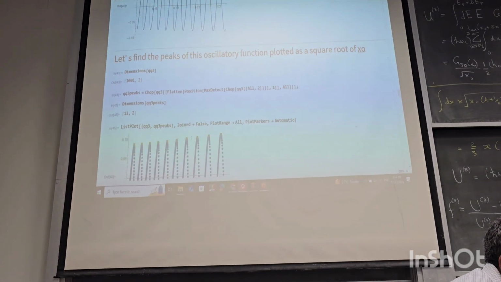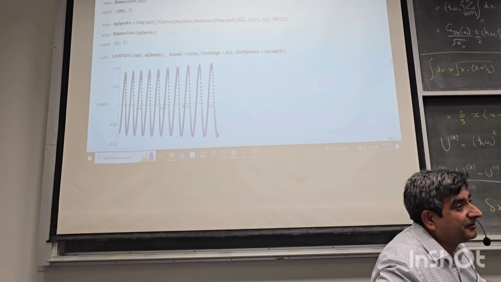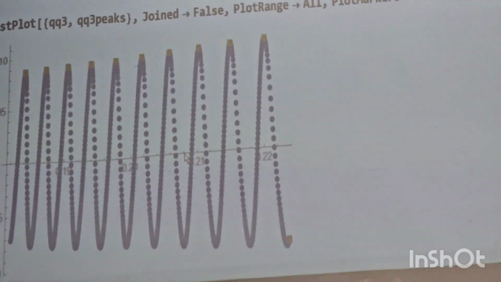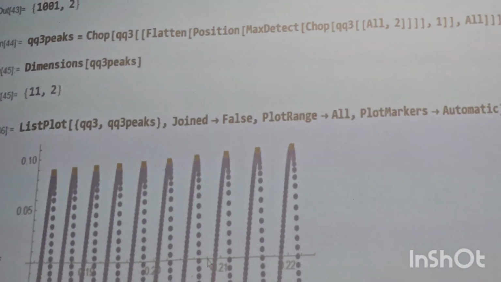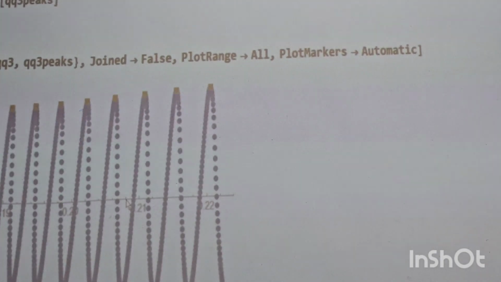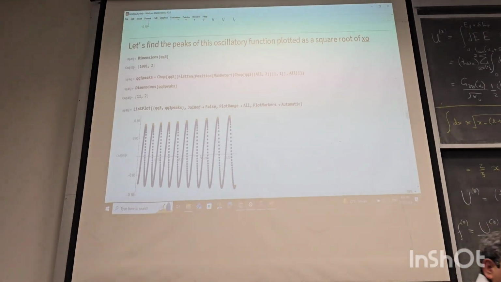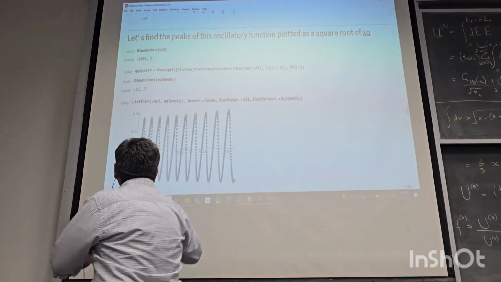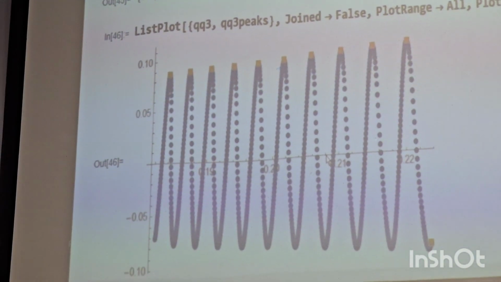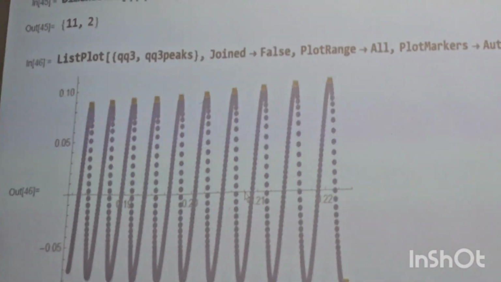So I find the peaks, and then just to test whether my peak finding routine is working properly, I overlay the peaks and the function g(x naught), which has now been plotted with respect to 1 over square root x naught. And the peaks shown in orange, they overlap with the real peaks of the oscillatory function. So my peak finding function is correct.